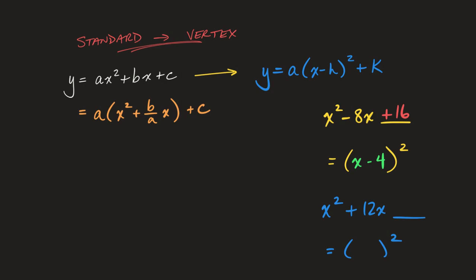Okay, I would love it if we came up with 36. Okay, how do we get 36? Well, if I had an (x + 6)², then that would expand to give me x² + 12x + 36. Nice, 36 was the value that I would be looking for.